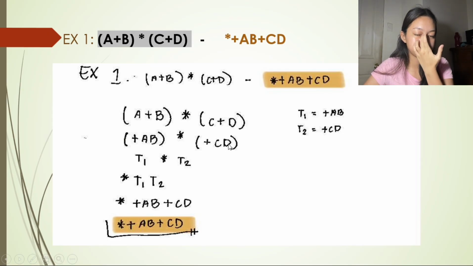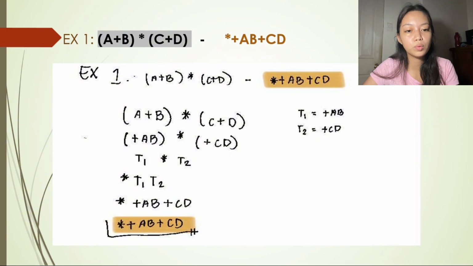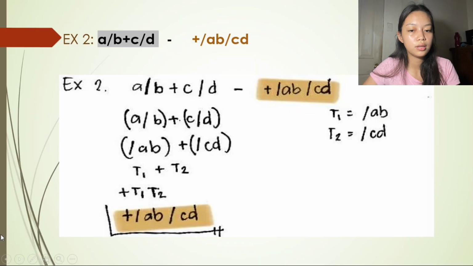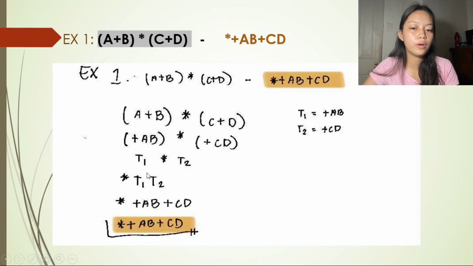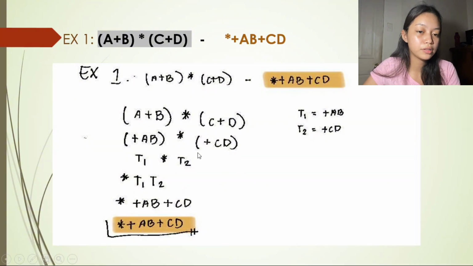So para dili ta malibog, magbuhat ta og ang T1 kay nagrepresent siya sa plus AB nya, ang T2 nagrepresent siya sa plus CD. Mao ni T1 is equal to plus AB nya, T2 equals plus CD para dili ta maglibog sa mga operator.